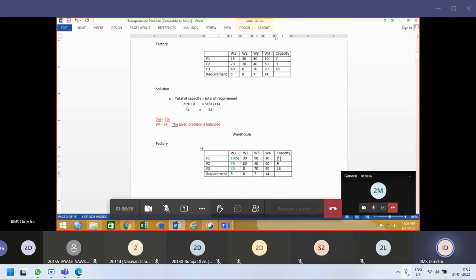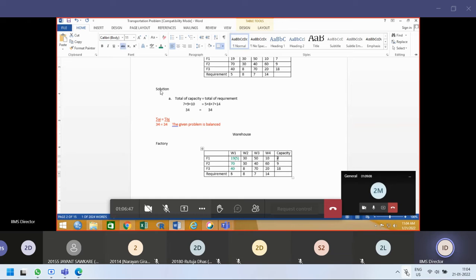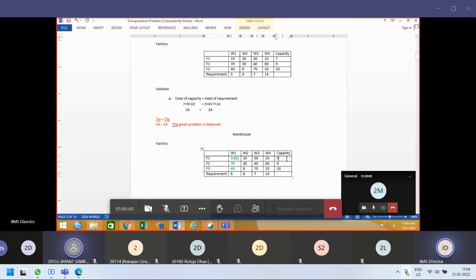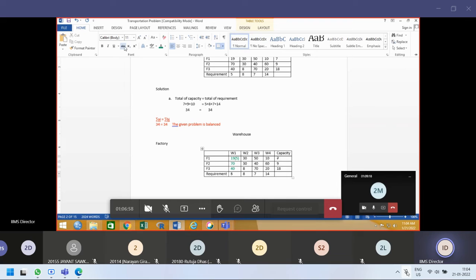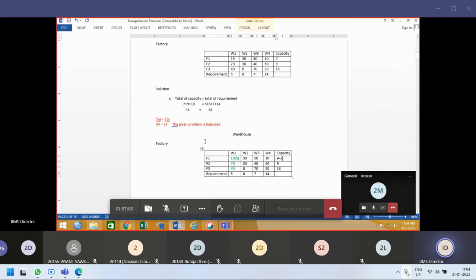Out of 7 tons capacity, how many tons did we allocate here? 5 tons we allocated. So how much tons remain? 2. So here the new allocated value is 2. Right? So this is 2.